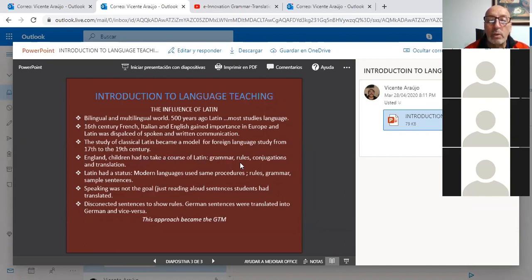Grammar contents, rules of the language, conjugation of verbs, and translation from one language to another and vice versa. So Latin had status.